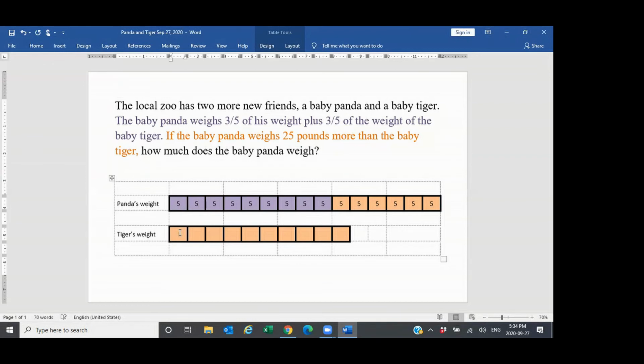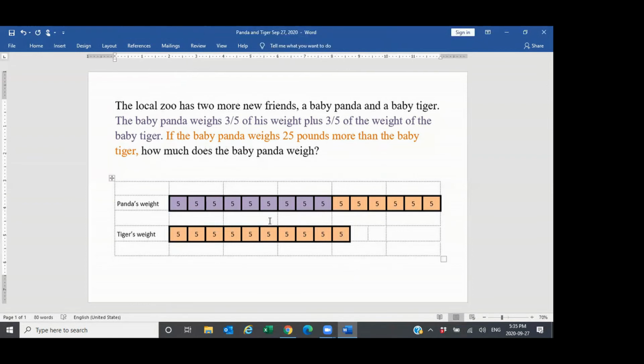The reason we're doing this is because now we know what each smaller rectangle represents. Each one represents 5 pounds. And if we add all of them together, we'll get the total weight of each of the animals, the baby panda and the baby tiger.